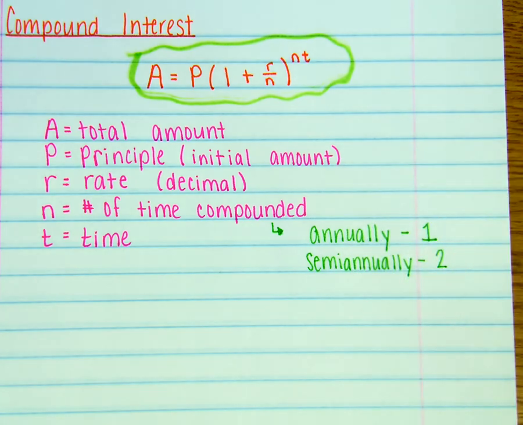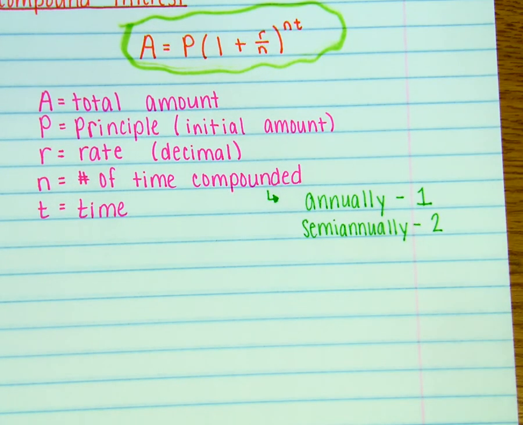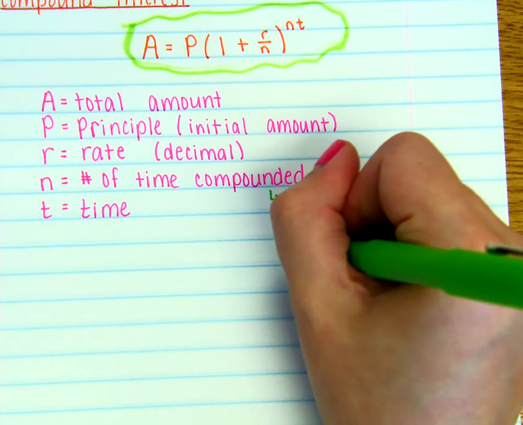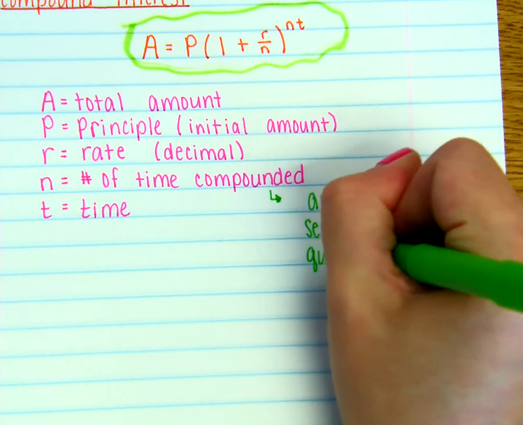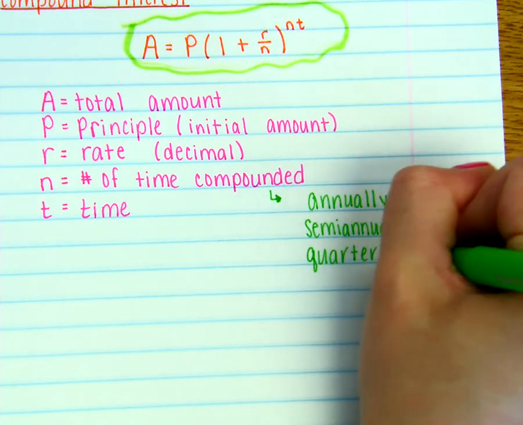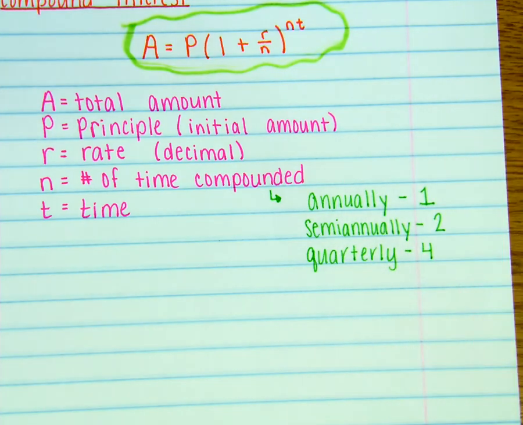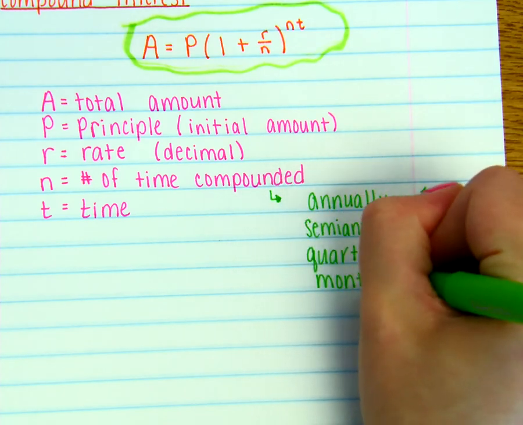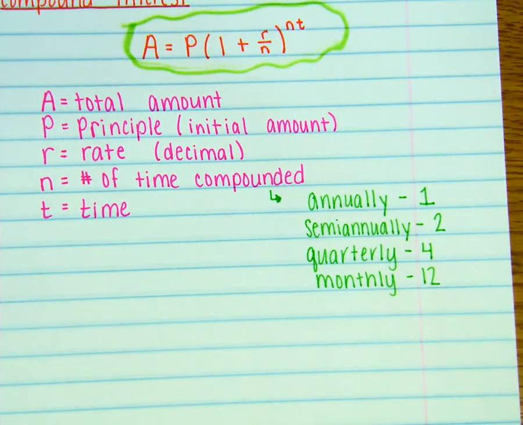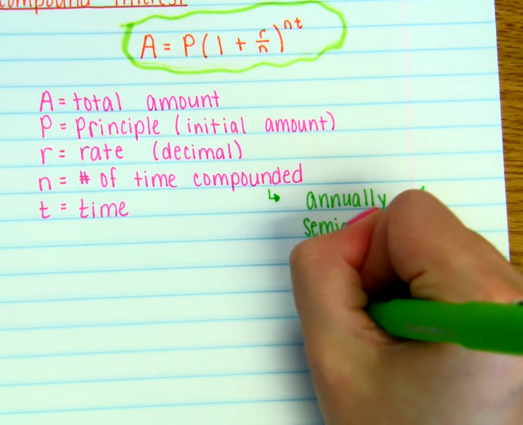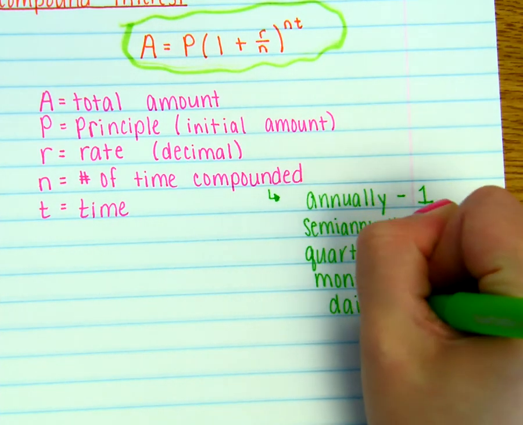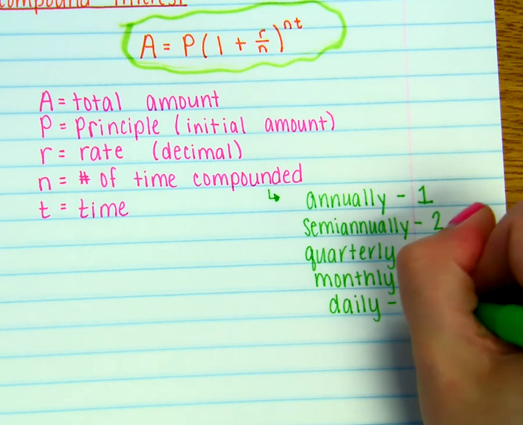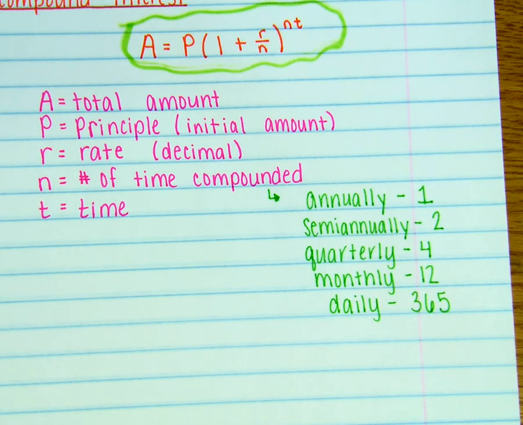Semi-annually is twice a year, so 2. Quarterly is 4. Monthly is 12 because there's 12 months in a year. And very rarely you're going to see this one, but just in case you do, it says daily. And there are 365 days in the year, so that would be 365.